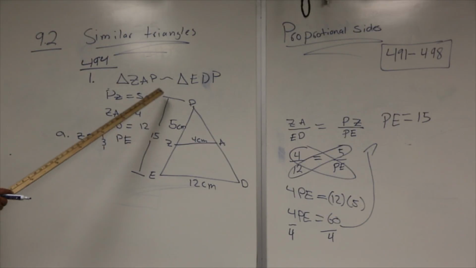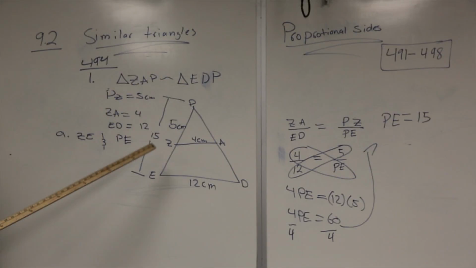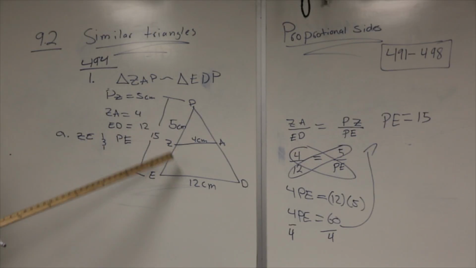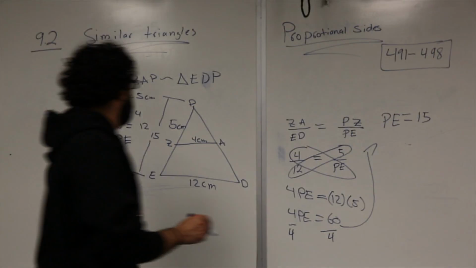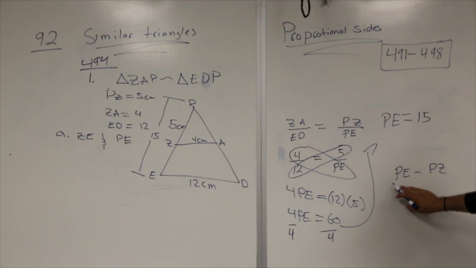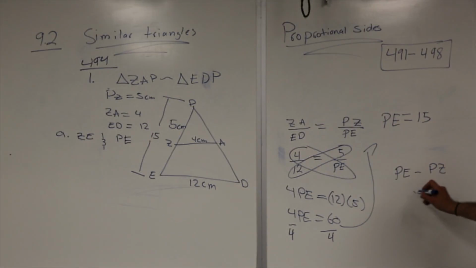So, we know the whole thing is 15, right? So what is ZE? Well, if we want to find out ZE and we know PZ is 5, all we got to do is subtract. So PE minus PZ, PE is 15, and PZ is 5.